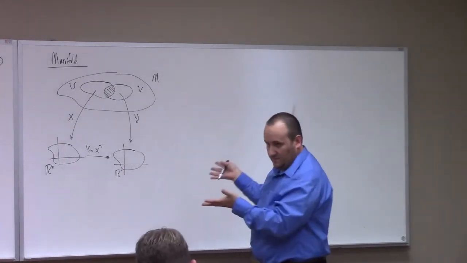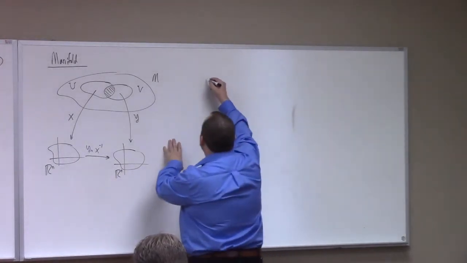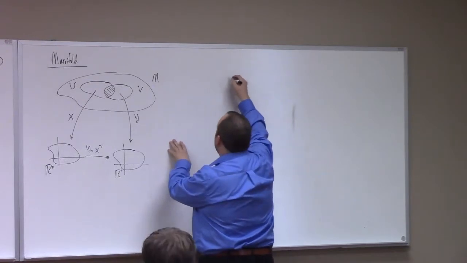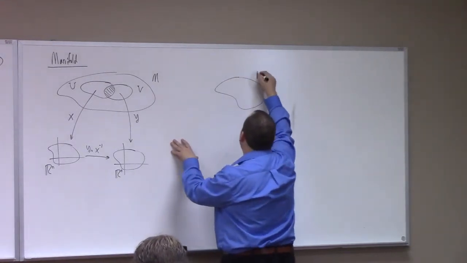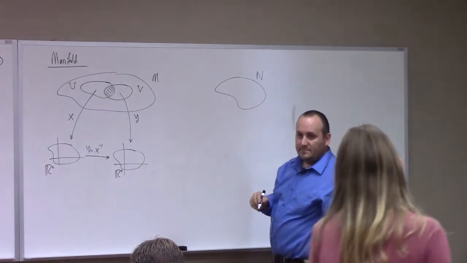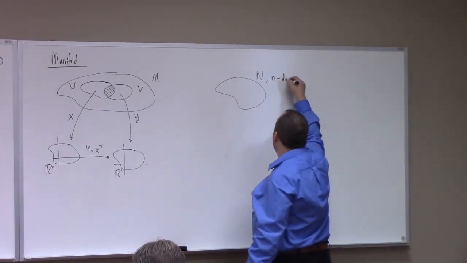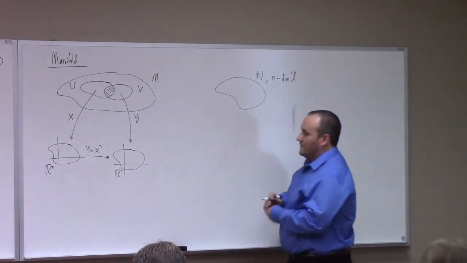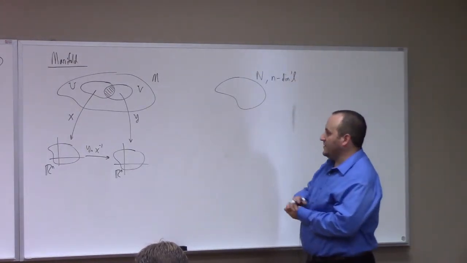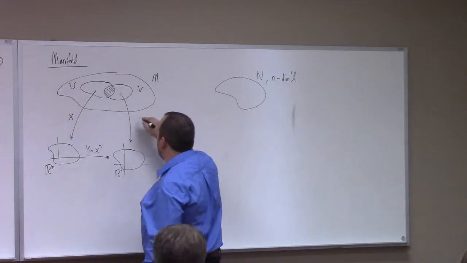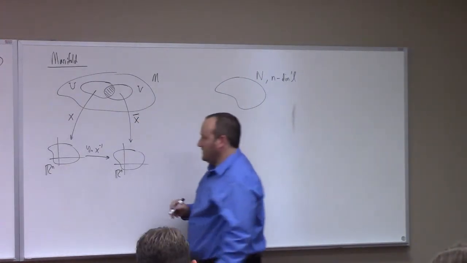But let's just talk about manifolds for a second. So that's a manifold. Then you could have another manifold N over here, which could be n-dimensional. Let me call this one x bar rather than y.